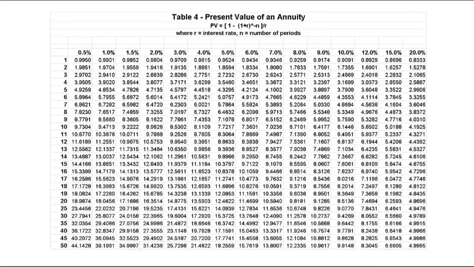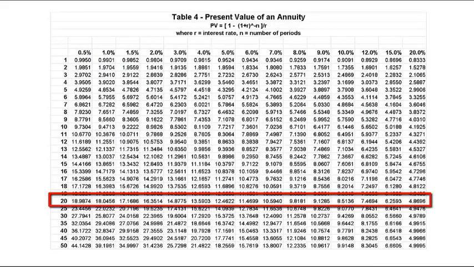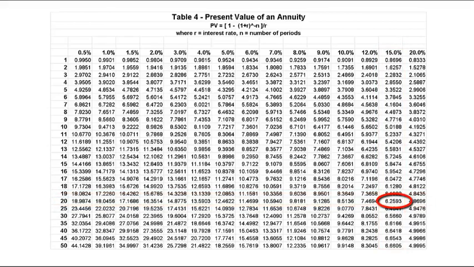Here is table 4, which is the present value of an annuity table. To do this calculation, we want to go to the row for 20 periods, 20 years, go across to the column for 15%, and the number that we'd want to pull is 6.2593.